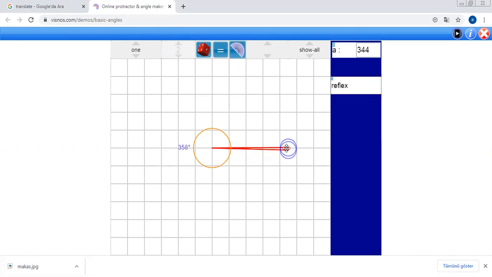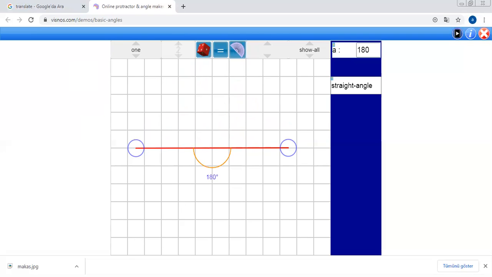And what was the full angle, or other name? What was our other name? Circle and revolution. And this one is an acute angle, and this one is a reflex angle. So a straight angle is always equal to 180.